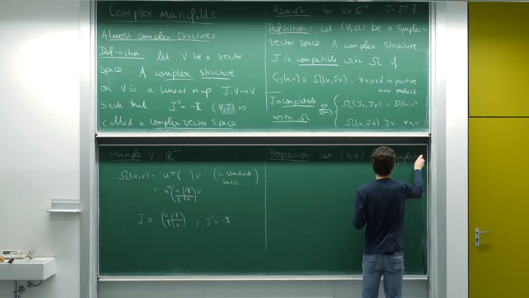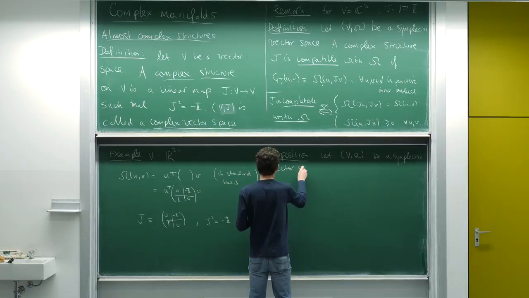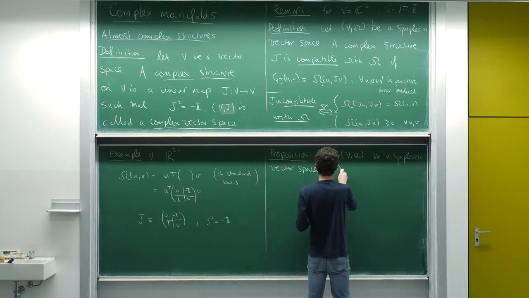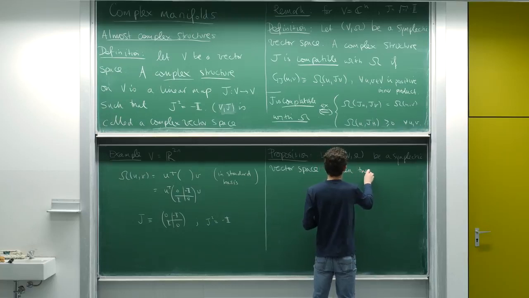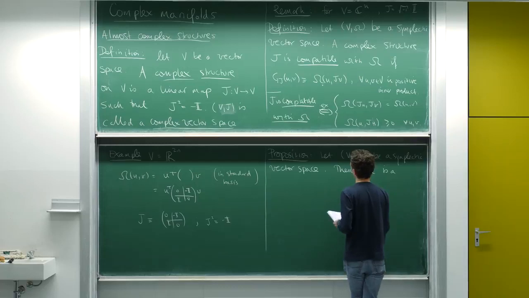So if you have any symplectic vector space, then you can always find a complex structure which is compatible.